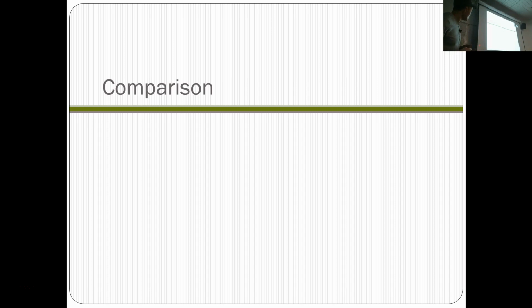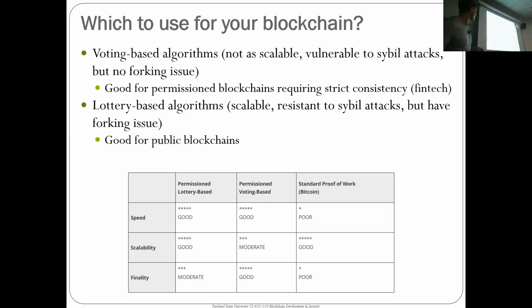And then I'm going to end with a comparison of all these things and where they would be used. So you have a blockchain, and you have all these different ways of achieving consensus. You have the voting-based algorithms, which are the BFT algorithms. These are not very scalable just because of the number of message exchanges going on between the replicas.